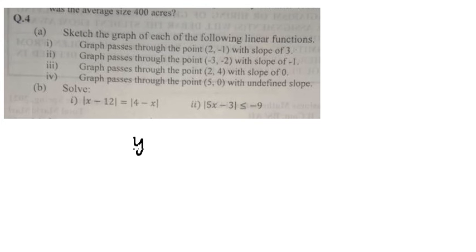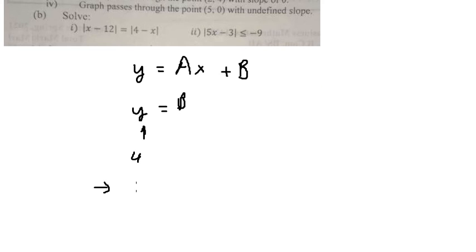We have y is equal to mx plus b. The slope is 0, so we put 0 in here, and you got y is equal to b. So for y we have only 4, we put 4 in here. So we got 4 is equal to b, and now we got y equals 4.